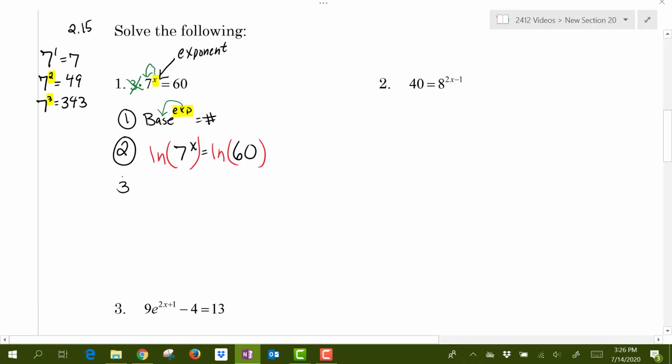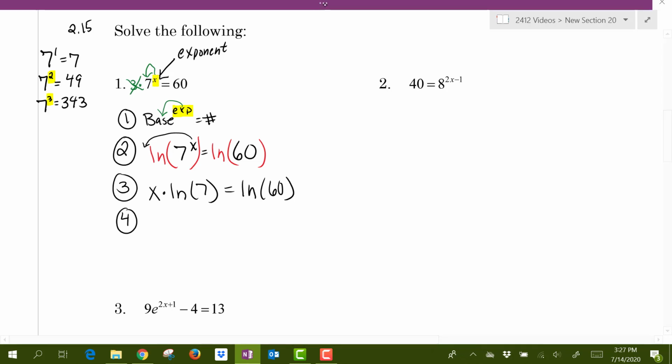Okay, so that brings us to step 3. Step 3 says if you look in the logs and everything inside of that log is raised to the same power, then you can multiply that power out front of the log. So natural log of 7 to the x power, everything inside is being raised to the power of x, so we can bring that x out to the front of the log. Okay, step 4, we want to solve for x.